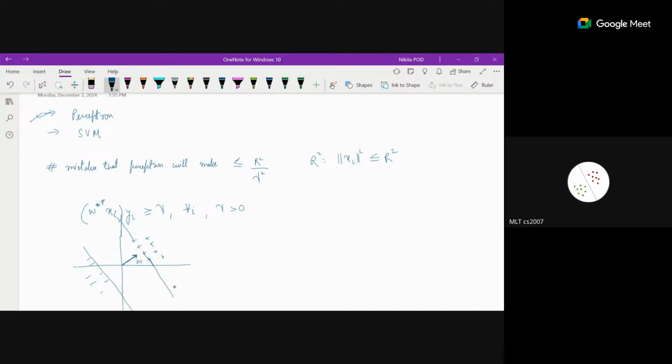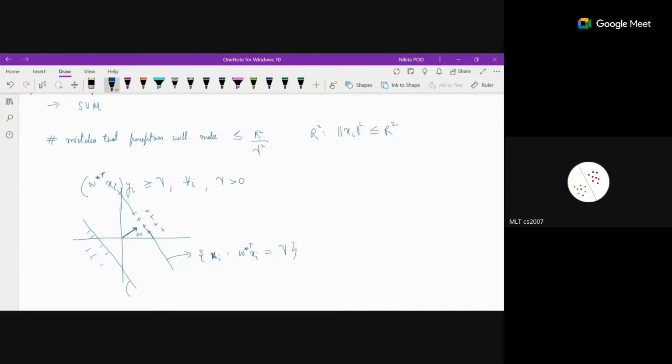This line is the set of all points such that W star transpose xi is equal to gamma, and this line is the set of all xi such that W star transpose xi is equal to minus gamma. This is what we had seen.